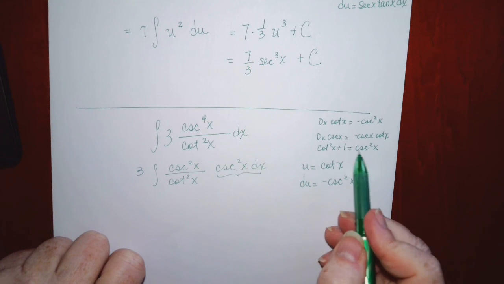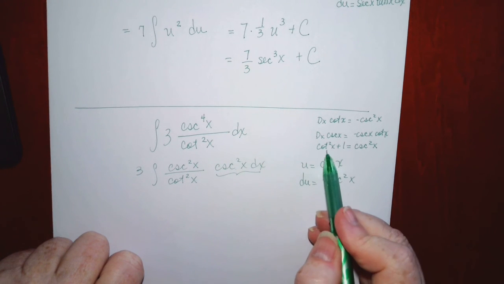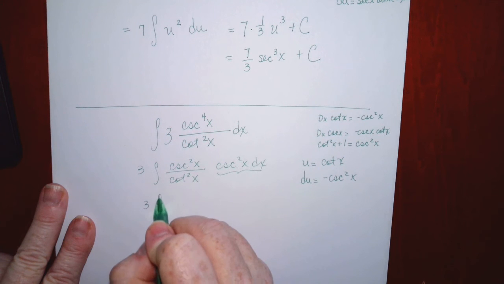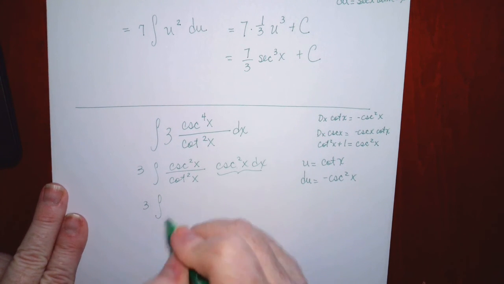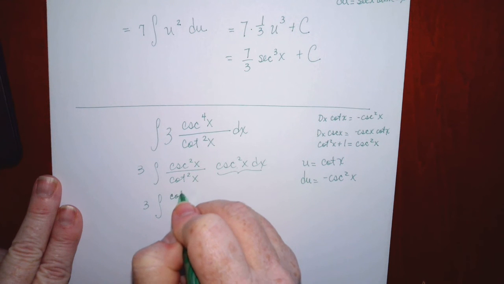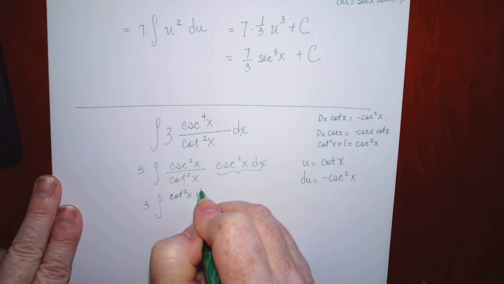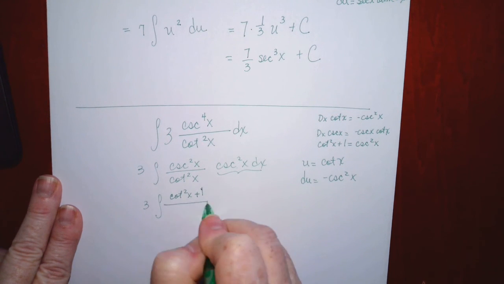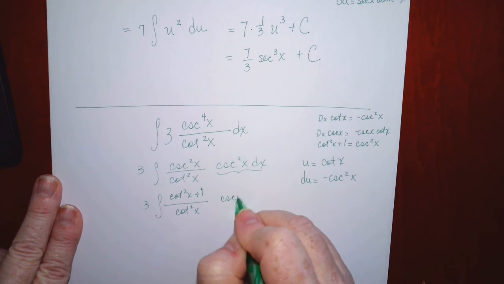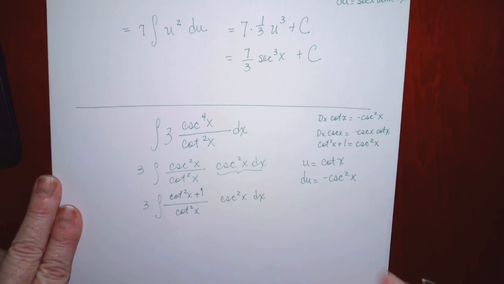So cosecant squared x minus 1 is equal to cotangent squared x. So this would be 3 times cotangent squared x plus 1 over cotangent squared x cosecant squared x dx.